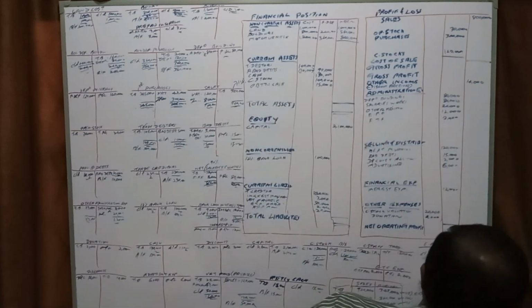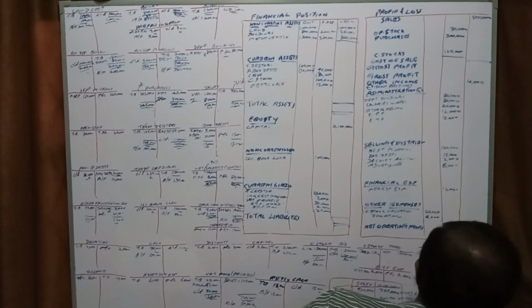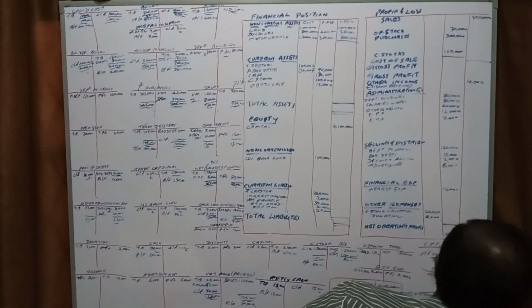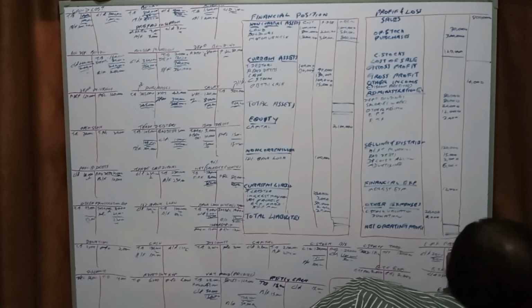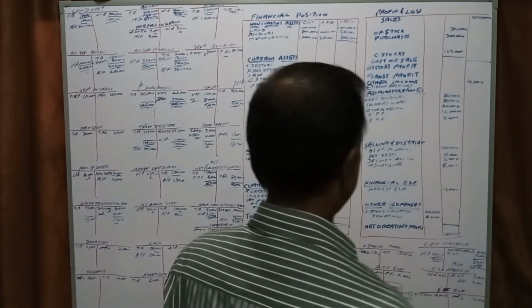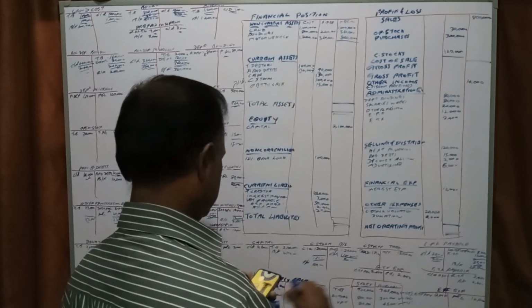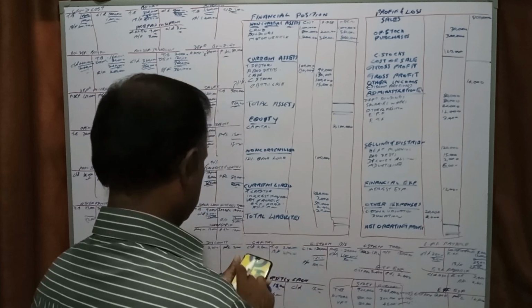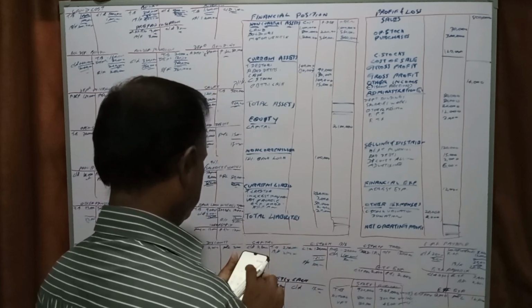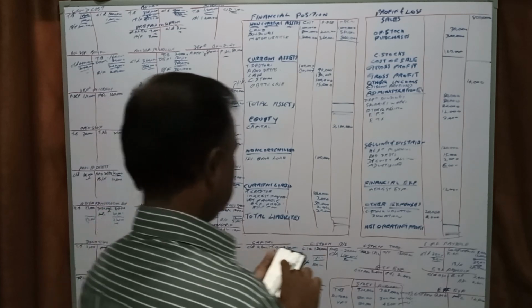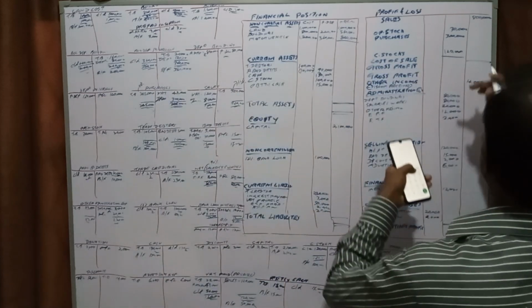Here carried down 2,400, brought forward 2,400. That's all the accounts we have balanced, right? All the T accounts we have taken into the profit and loss and balance sheet. Now we can do the balancing part, right?